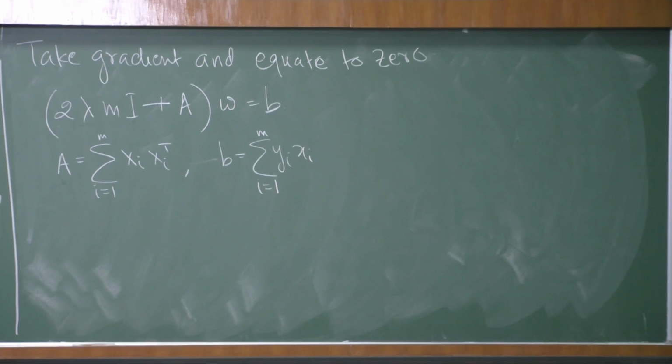So lambda is a parameter that you have in hand. It's a hyperparameter. Which lambda is the best? It depends on the problem at hand, so you may have to tune these parameters.